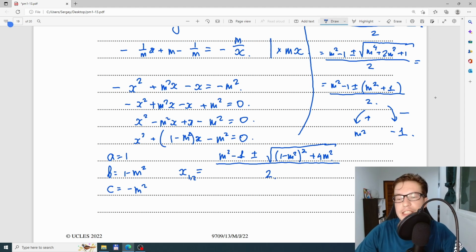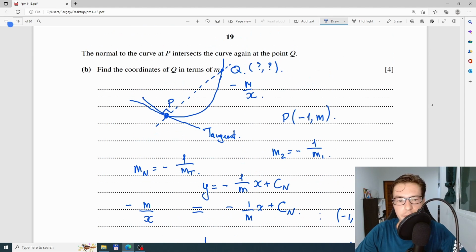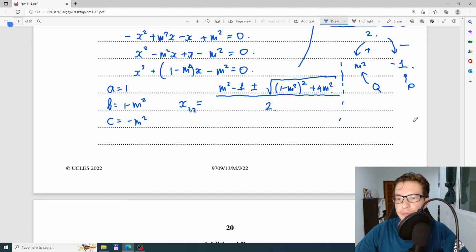Now, which one is the x-coordinate of the point Q? We know that point P has the x-coordinate of minus 1. So that is point P. That means the point Q has the x-coordinate of m squared. Now, all we have to do is to find the y-coordinate of that point.